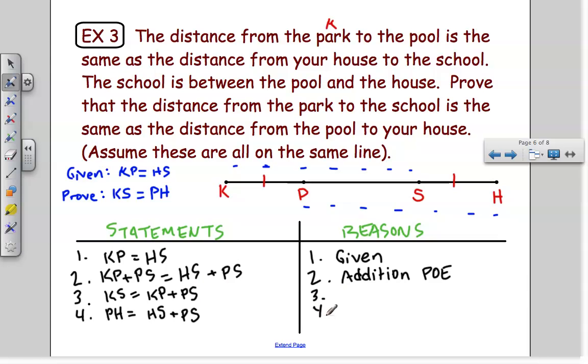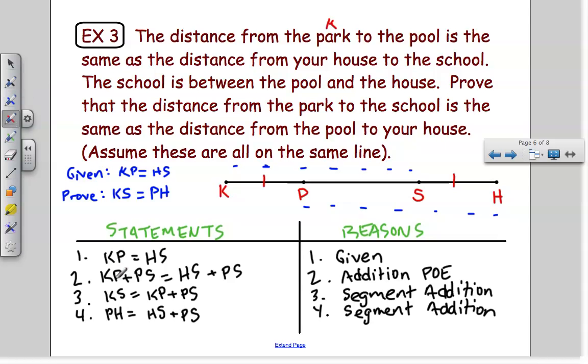Now both of these are allowed because I added two smaller segments to get a larger segment. That is segment addition. Again, all I did was realize that these segments were made up of two smaller segments, right? KS was really KP and PS combined, and PH was really HS and PS combined.